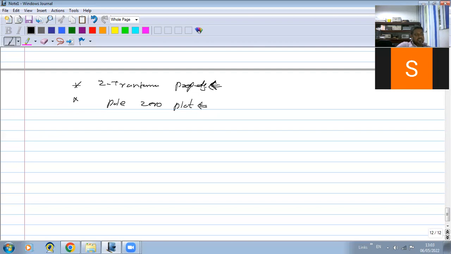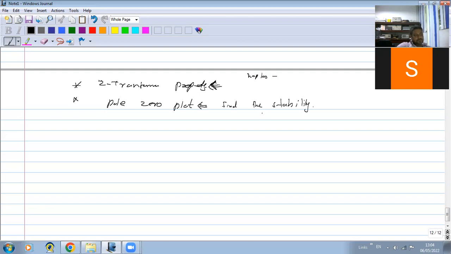I think you already know that using the pole zero plot, we find the stability of the system, no? When you were learning Laplace transform, I think you learned this concept.